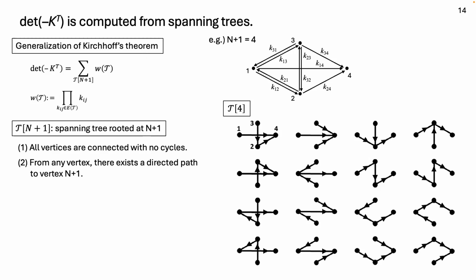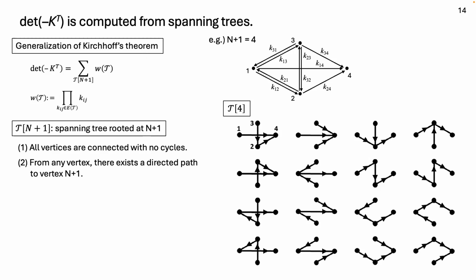Spanning trees are here. For this spanning tree, all components are connected. All vertices are connected, not separated. And there is no cycle. It's all straight. And the second definition is that from any vertex, there exists a directed path to vertex n plus 1. It means if we start from vertex 1, it reaches vertex 4.